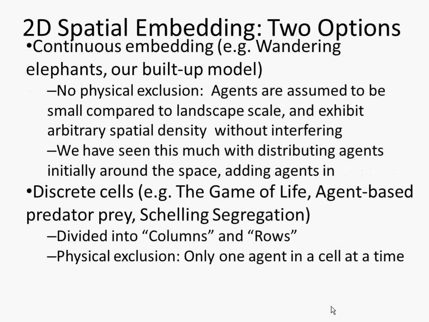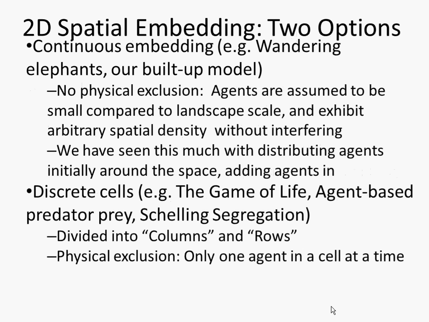One is a form of continuous spatial embedding. The idea here is that we depict the space. Agents are assumed to be very small in relation to that space. We don't really have to worry about mutual exclusion. Agents can move past each other. They can interact, of course, but there's no rule that they can't be atop each other or something like that.